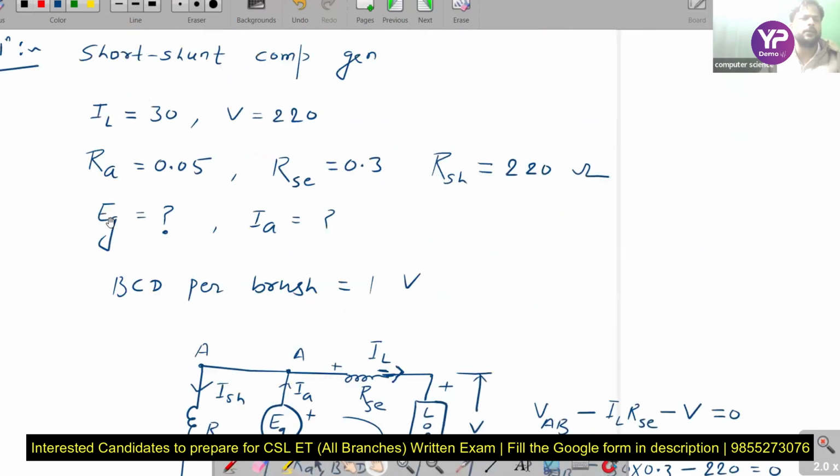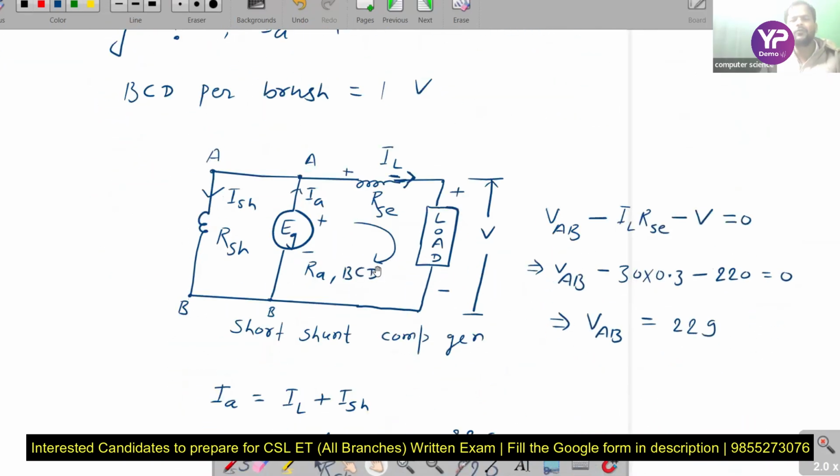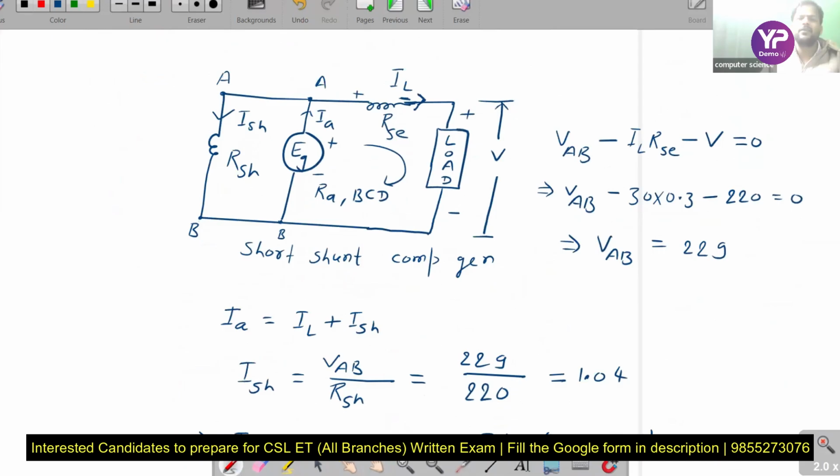Now we need to find the generated EMF. To find the generated EMF, we apply the KVL equation in this complete loop. Initially, the voltage across terminals A to B was VAB. Now, to find EG, we apply KVL in the complete loop.